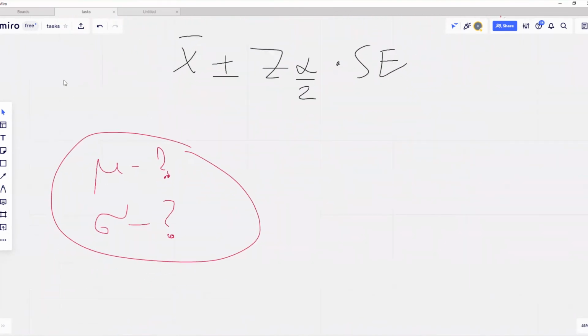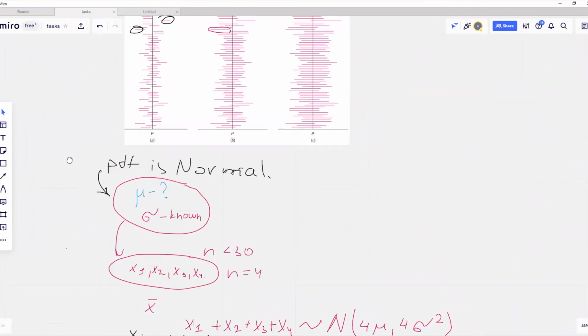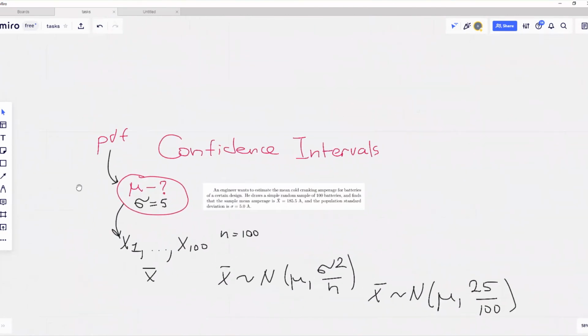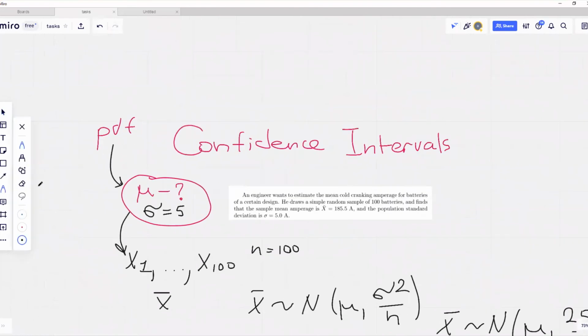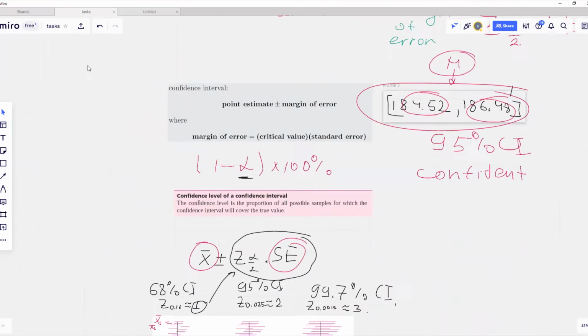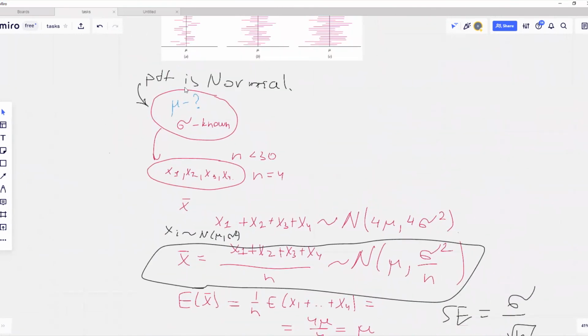However, in the very first examples that we considered, it was okay if the PDF of the population was unknown, because there we are using the central limit theorem. In the second case, we should know the PDF since we are not using the central limit theorem.